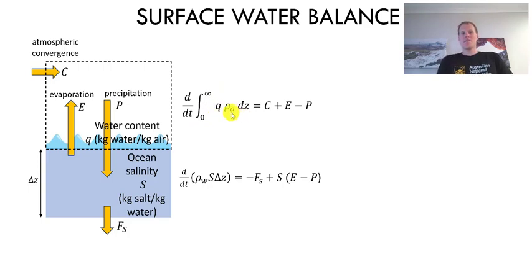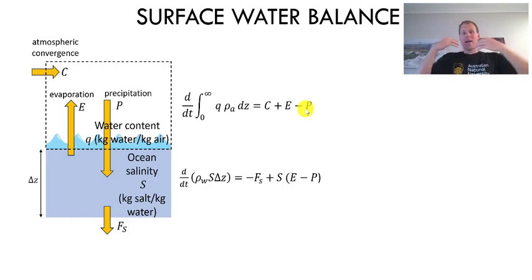And these fluxes correspond to a change, so a d/dt, in that total column water vapor. And so that water vapor is increased by convergence, bringing moisture in, by evaporation, bringing moisture out of the surface, and it's reduced by precipitation, raining that water out of the atmosphere. So that's what happens on the water side.